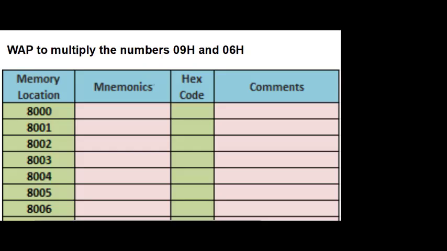So let us see how we can implement the same thing in terms of instructions. The very first mnemonic we'll write is MVI A, 00H. There are many other ways to make A 00, we'll see it afterwards. So first is MVI A, then MVI B, 09H, then MVI C, 06H.